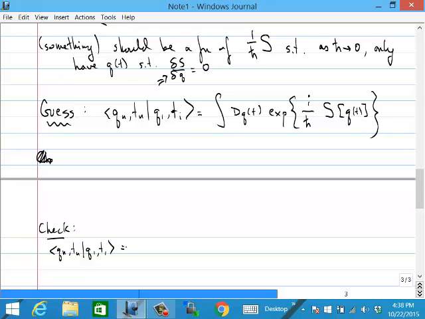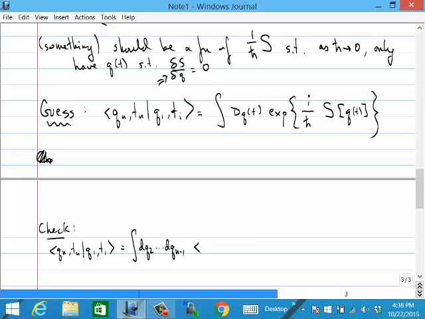Let's do this computation in the way that we described earlier, where we imagine introducing a bunch of intermediate times, t2 up to tn−1, and you integrate over the possible positions that the particle could have at these intermediate times.